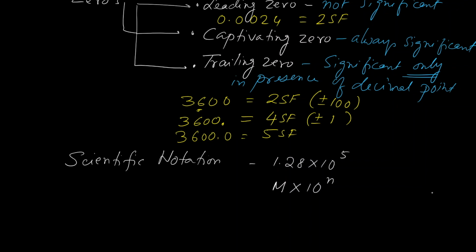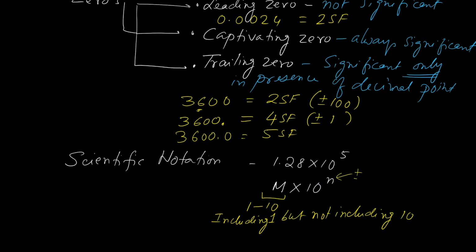The m is the real part, which can be between 1 and 10, including 1 but not including 10, and n is an integer, plus or minus.